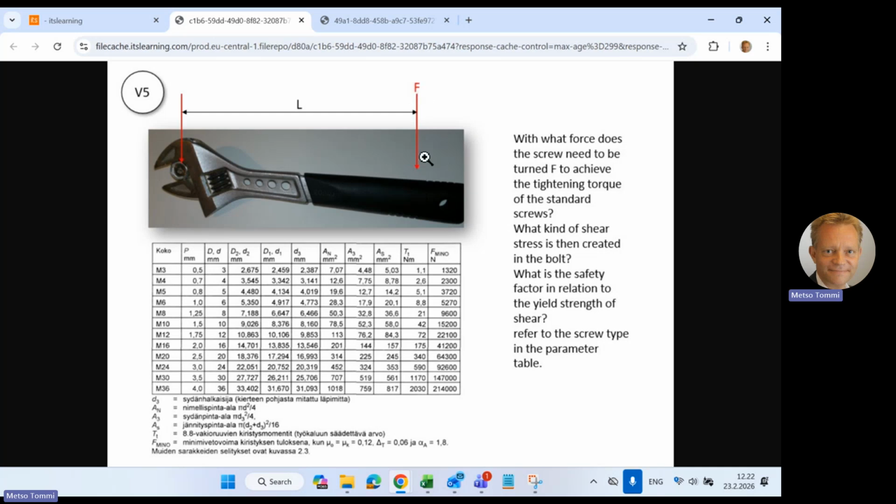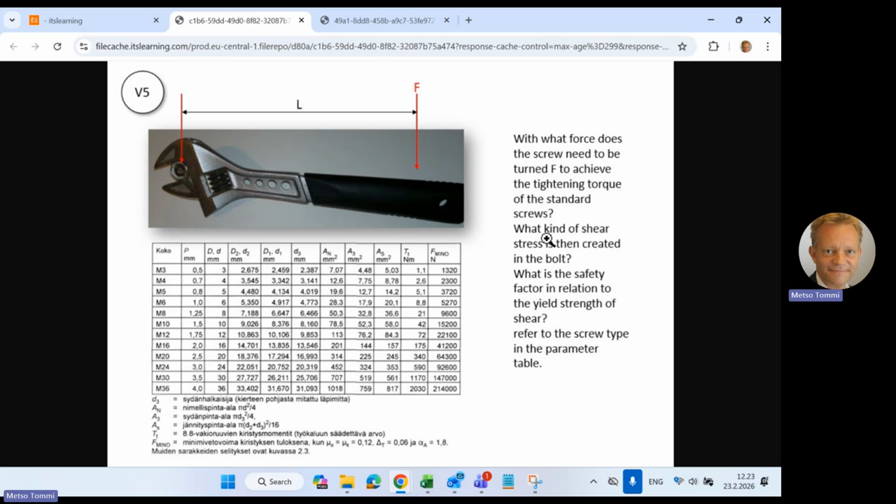And firstly, you have to calculate the force F to get the torque moment to the screw, and you can find the needed torque moment from this column. And this is from a standard of what torque moment you should use for each type of screws.